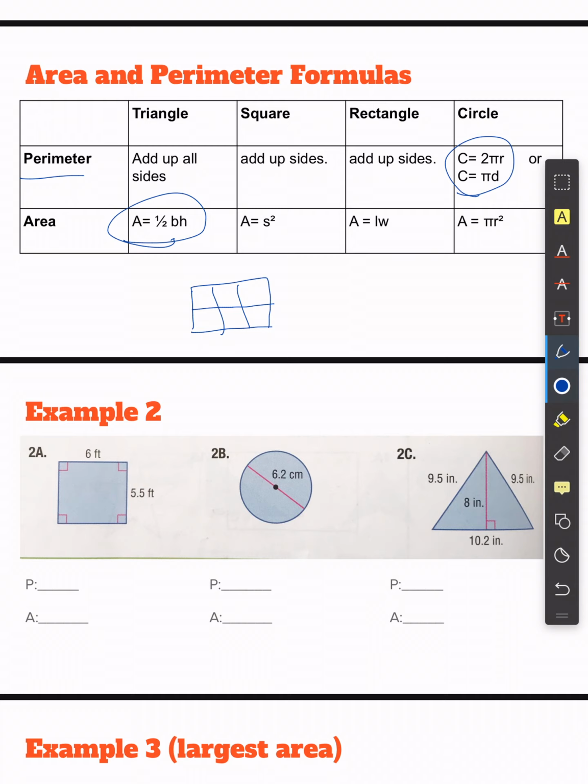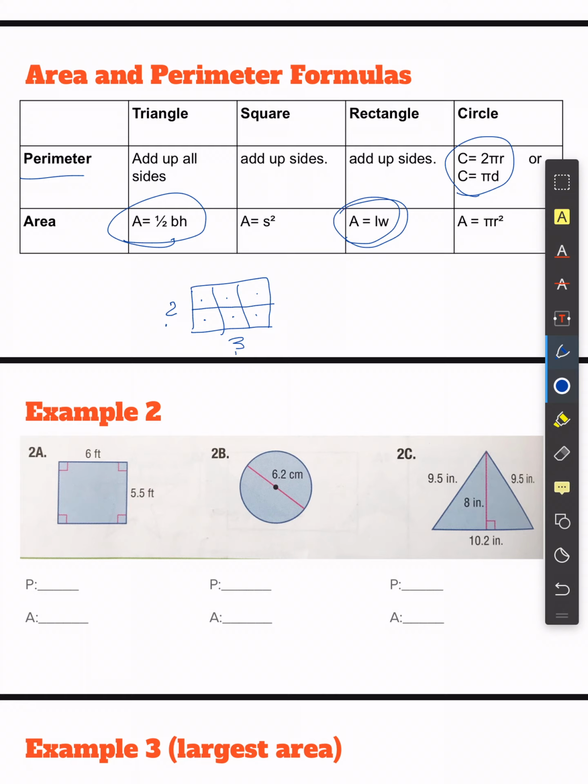So if I have this rectangle here, notice I have 2 rows and 3 columns that make this thing up. If I count all of these, it's just going to be this number times this number that is going to tell me how many 1 by 1 squares I have. That is area, right? So for a square or a rectangle, it's just length times width.